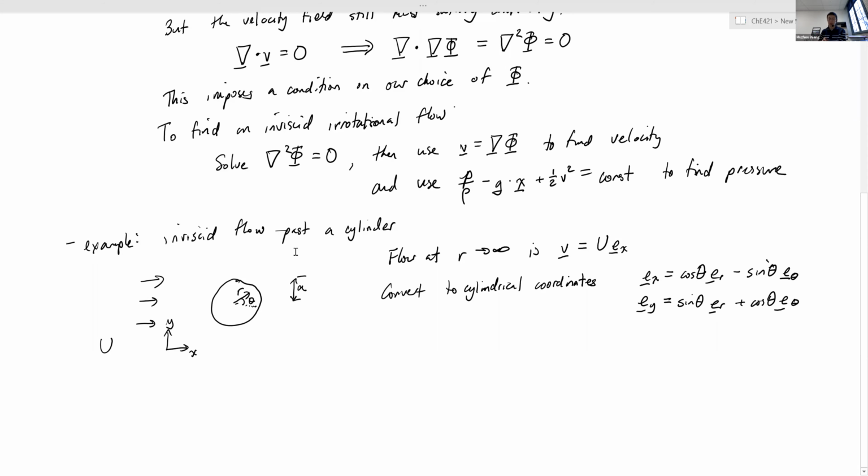Okay, but if we use these conversions, then what this means is that the flow at r goes to infinity now looks like this.